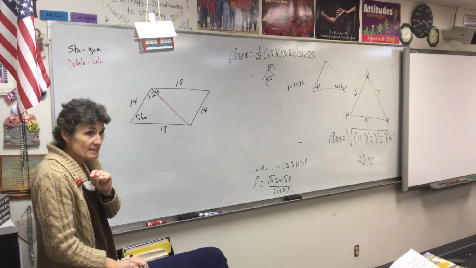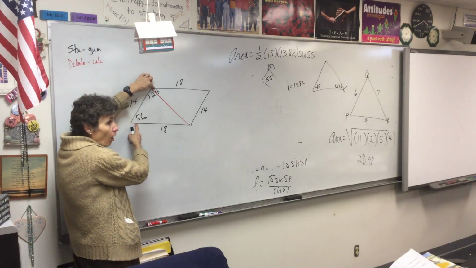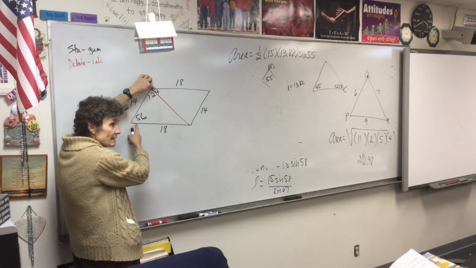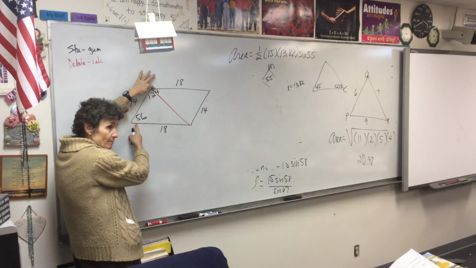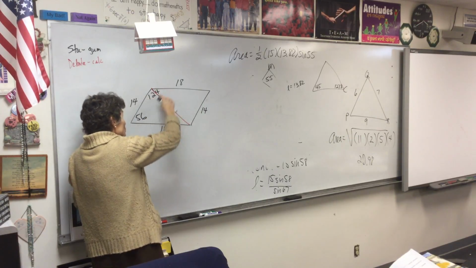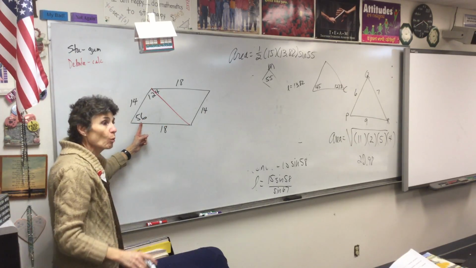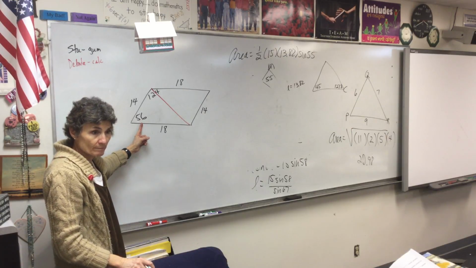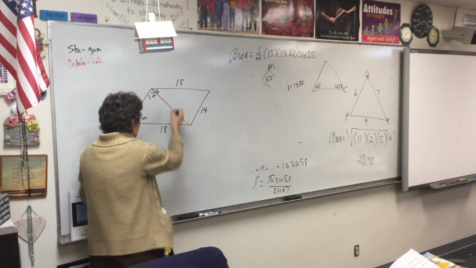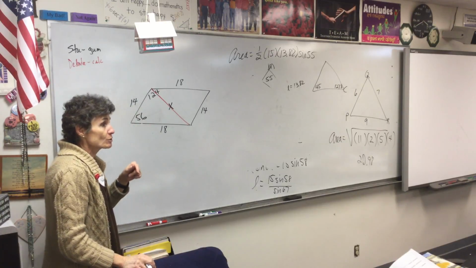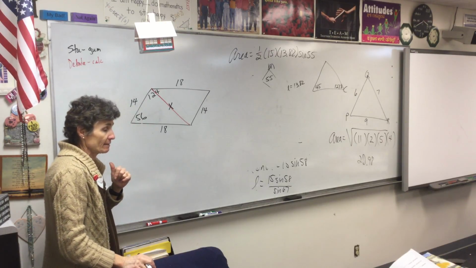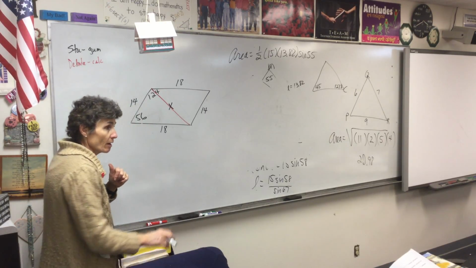How do I know it's 56? These two always add up to 180. Always. So if they tell me that one's 124, then this one's 180 minus 124. Now, I don't know what that is, but I'm going to use the law of cosines to find it. Here we go.